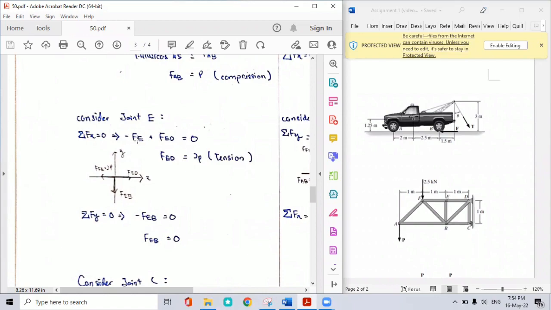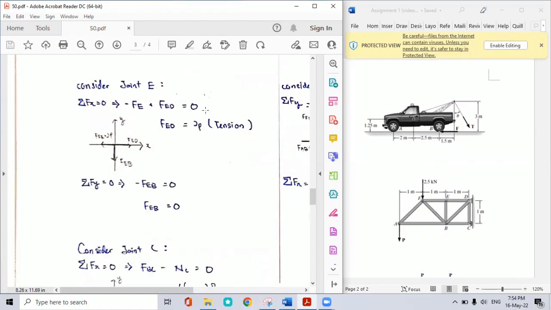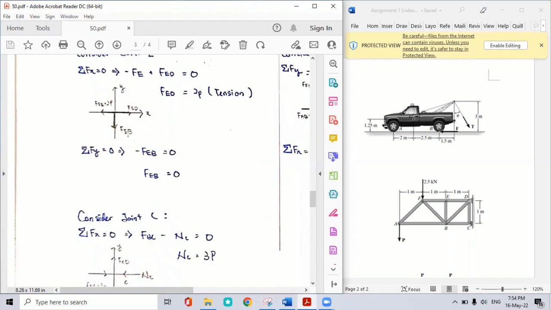So negative FFE plus positive FED will be equal to 0. When we substitute it, it will become 2P, and it will be in tension. For the Fy it is also the same, because our sum of vertical forces needs to be 0 since we are in an equilibrium state. Therefore, FEB is equal to 0.